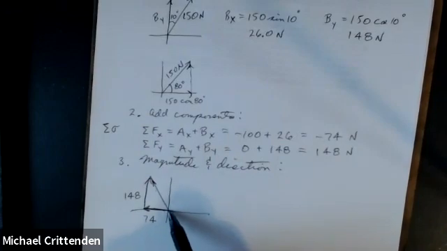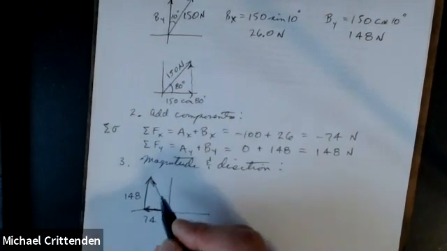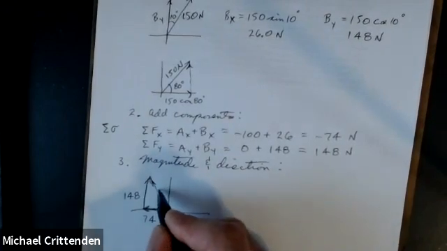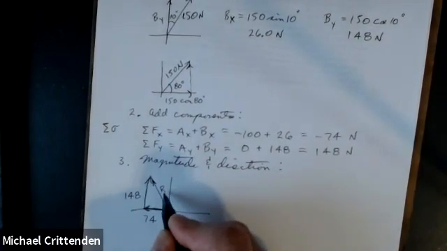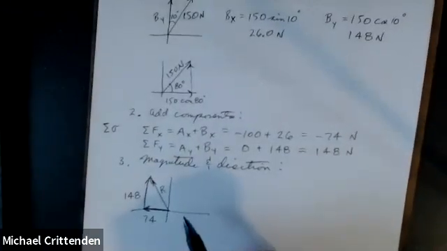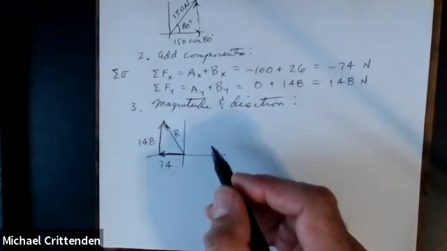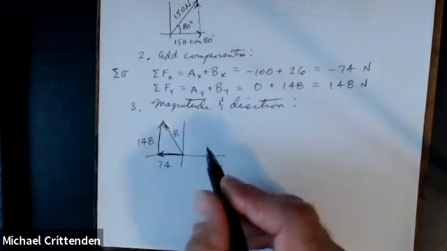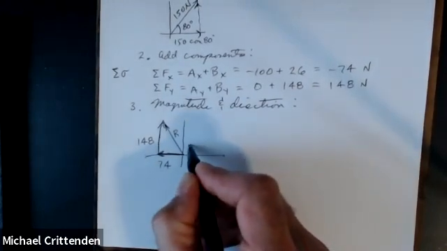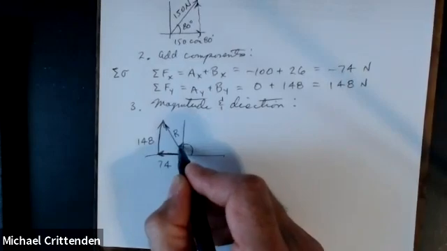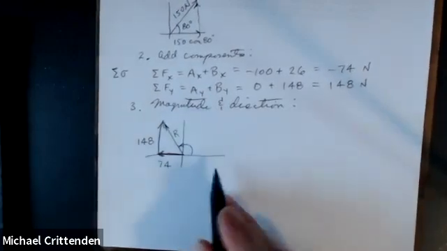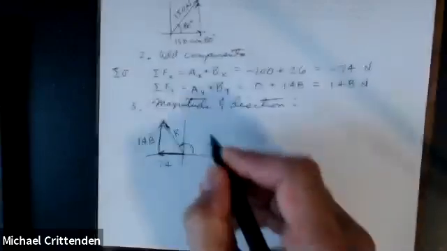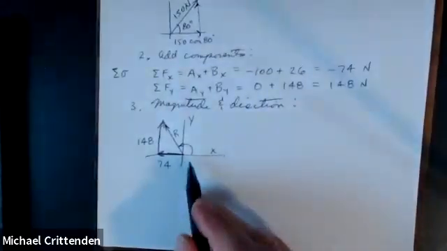It goes from the tail of the first to the head of the last. And let's use the letter R for resultant. I want to know how long that is. And the conventional way of describing the direction is with an angle measured counterclockwise from the positive side of the x-axis, like that, okay?